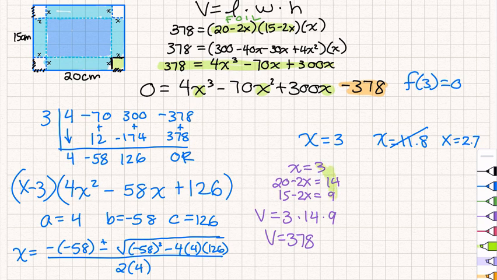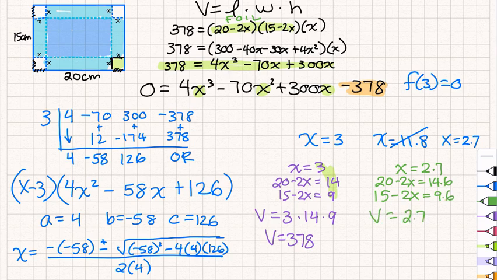Now let's check with 2.7. So x would be 2.7. 20 minus 2x would be 14.6, and 15 minus 2x would be 9.6. So the volume is 2.7 times 14.6 times 9.6.